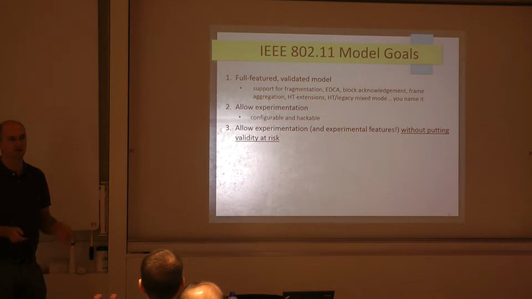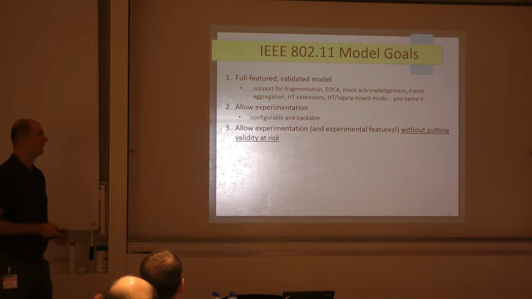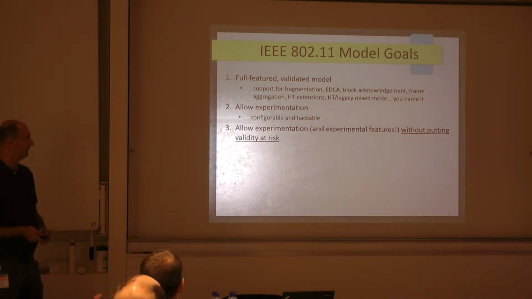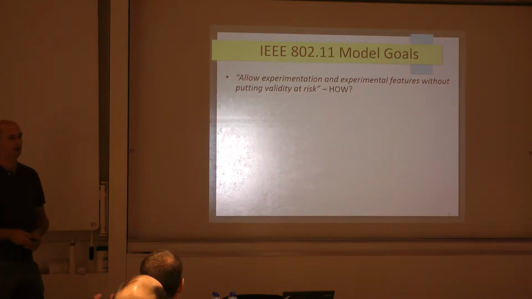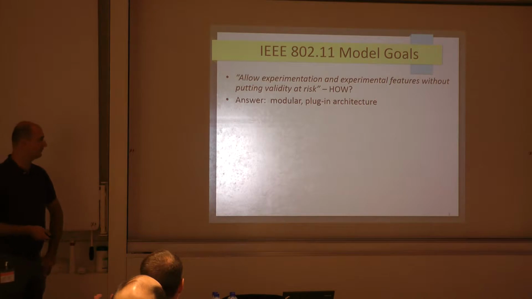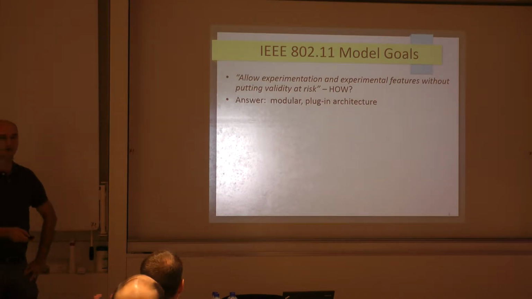So when we have a model implementation which has been validated by somebody and it's proven to be good, we don't want to risk this asset, that it's valid. And still we have to allow experimentation. So it looks like a difficult question how to do this. Basically the answer is we have to use a modular plugin architecture.